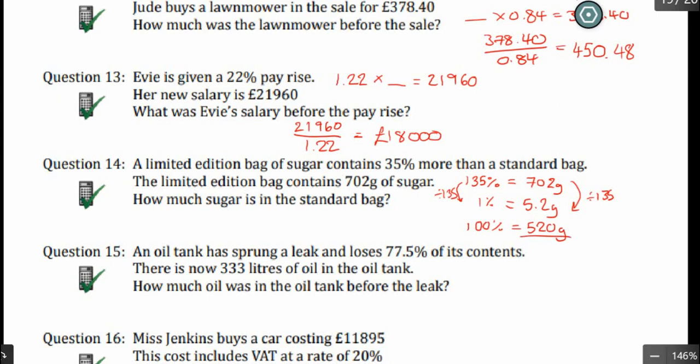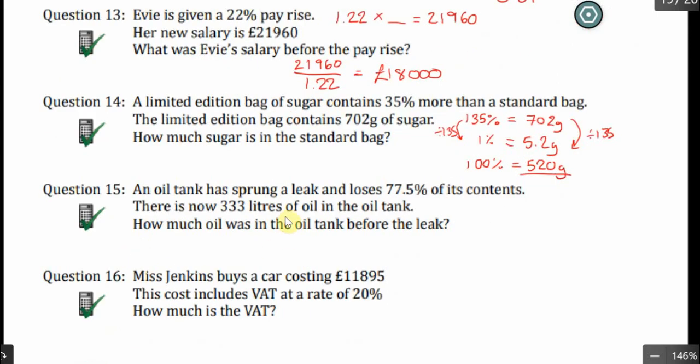Okay, number 15. An oil tank has sprung a leak and loses 77.5% of its contents, and there is now 333 litres in the tank. How much was in there before? So the percentage which is now in there is 22.5. So 22.5% is equal to 333 litres.